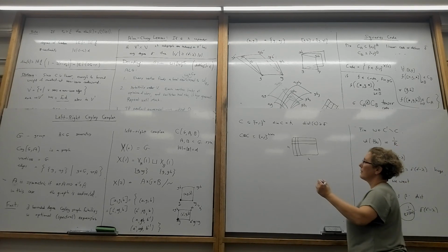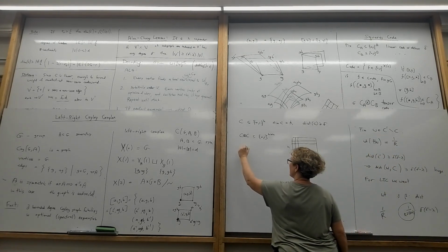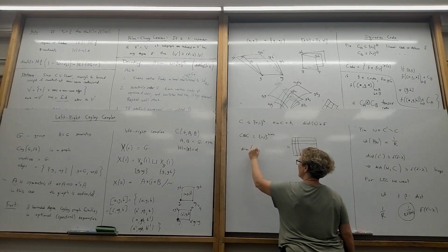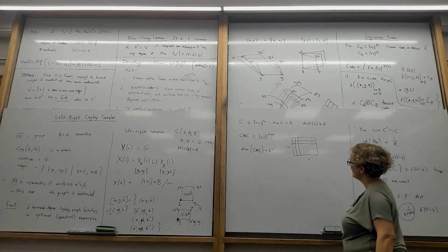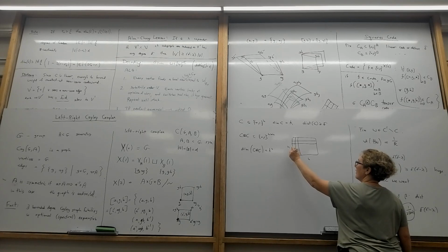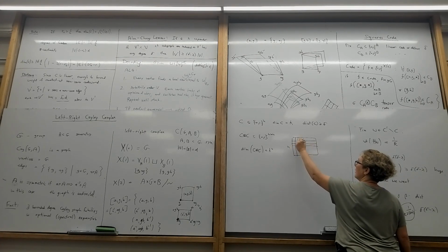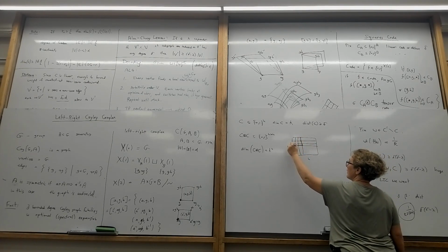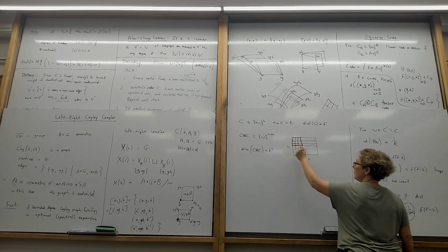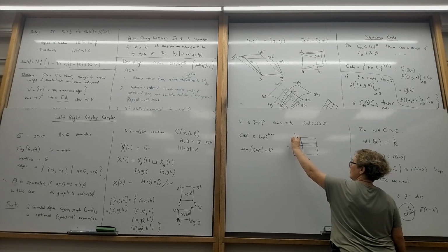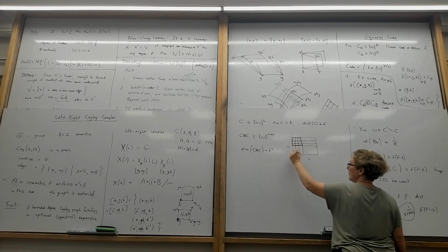Then it turns out that the dimension of this code, C tensor C, is k squared. And the reason is that you can take a k by k square here, put anything you want, and there's a unique code word that will continue here.